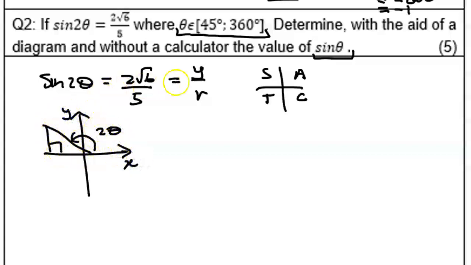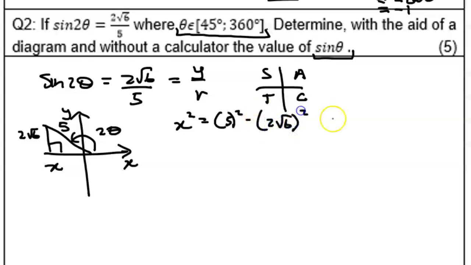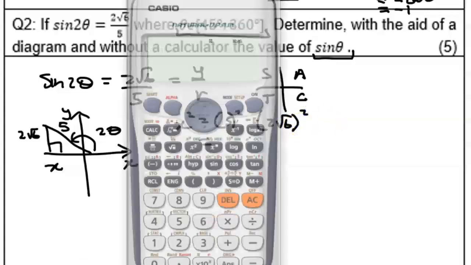So there we go, and remember 2 root 6 is y, so therefore that will be 2 root 6, and that's going to be 5. My r, or my radius, or my hypotenuse is 5. So to find my x value, I'm going to use the theorem of Pythagoras, so therefore that's going to be x squared equals 5 squared minus 2 root 6 all squared, using the theorem of Pythagoras.